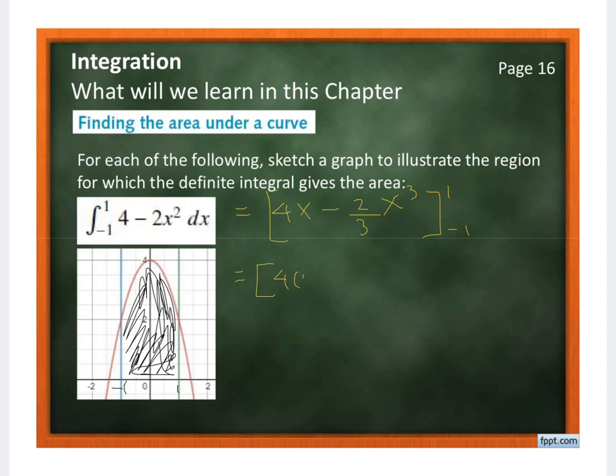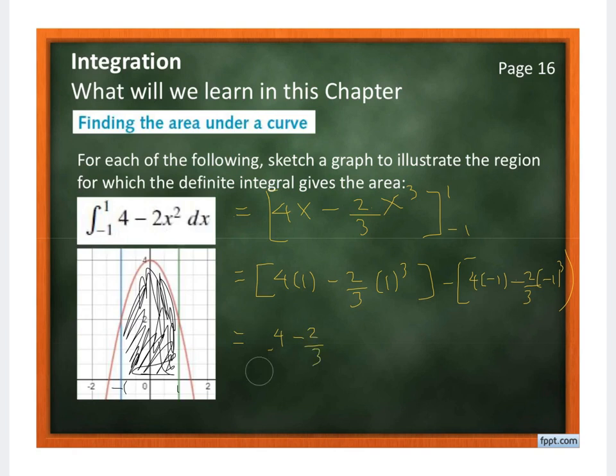Substitute 1: 4 minus 2/3 of 1 cubed, minus, substituting negative 1, 4 times negative 1 minus 2/3 of negative 1 cubed. So equal 4 minus 2/3.